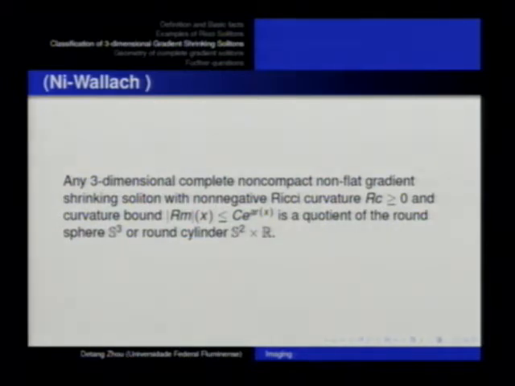So they proved that, using only the non-negative Ricci curvature, they don't need the bound, but they need the curvature tensor to be bounded from above by an exponential function. Of course they start with the non-compact case. It's a question. I should not put non-compact here. But if it's non-compact, only this case.